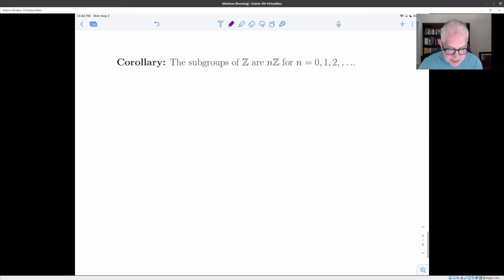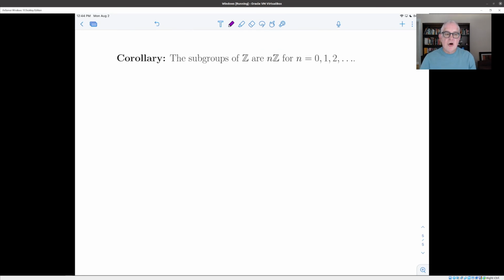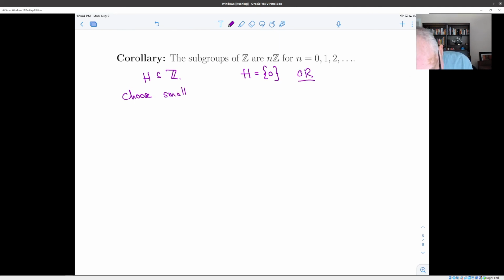So one consequence of this result is that we know all of the cyclic subgroups of the integers, all of the subgroups of the integers. If H is a subgroup of the integers, then either H is 0 or choose the smallest positive integer in H. Call that n.